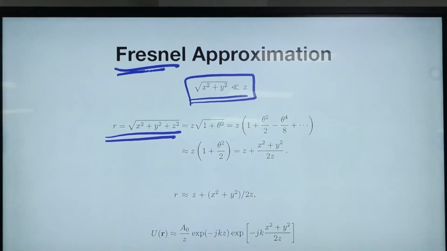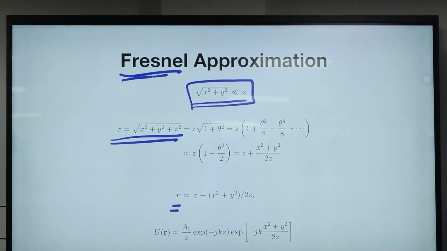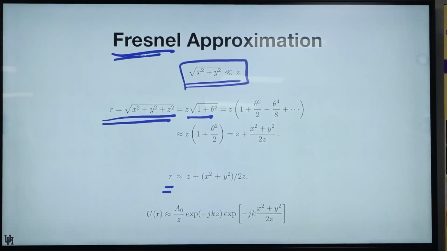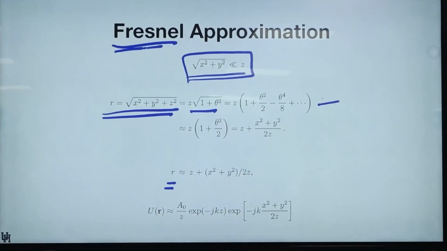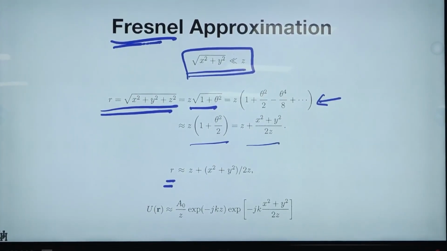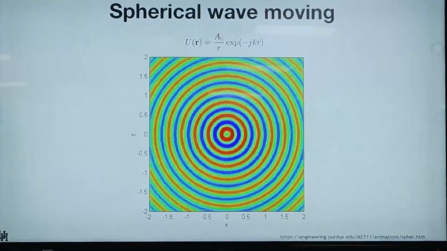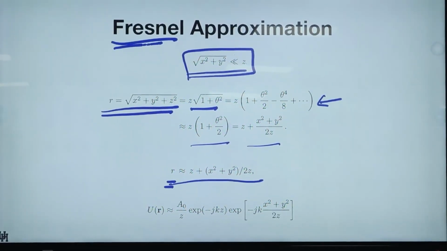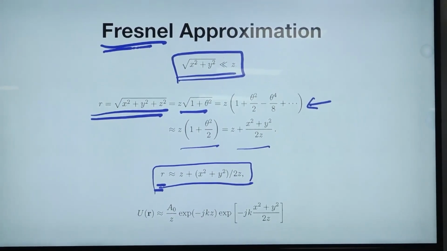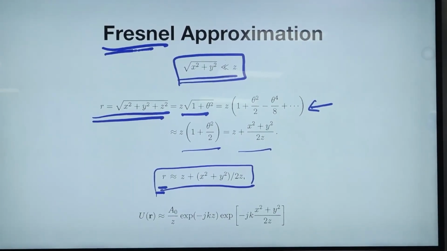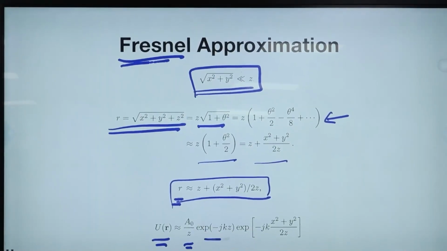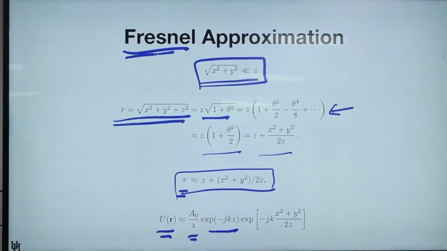If you do this and take a Taylor-Maclaurin series expansion, taking the first order approximation, you get this. And so r in this spherical wave equation can be written as z plus (x squared plus y squared) by 2z.